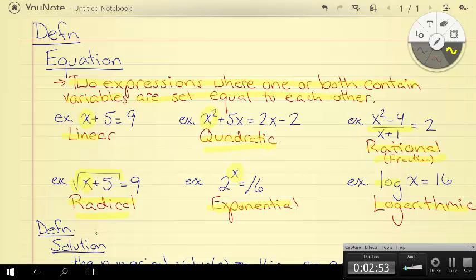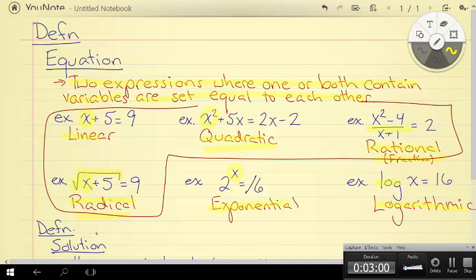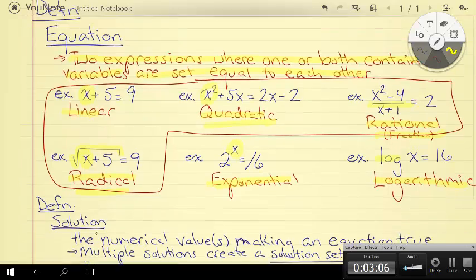So those are the different types of equations that we're going to cover this year. As I said before, this review is just going to go over the 4, linear, quadratic, rational, and radical, as a way to get you prepared for what's expected in this class.